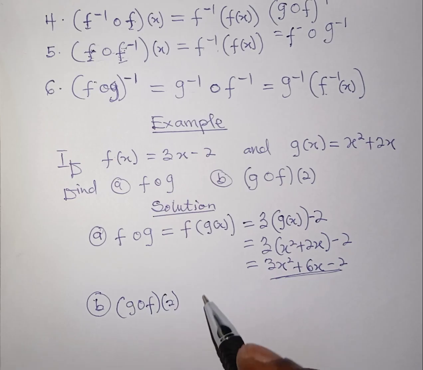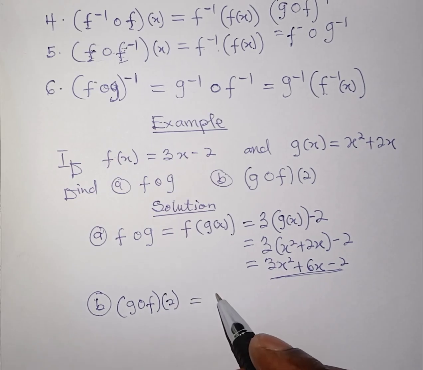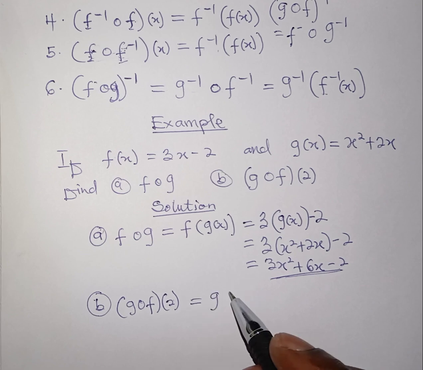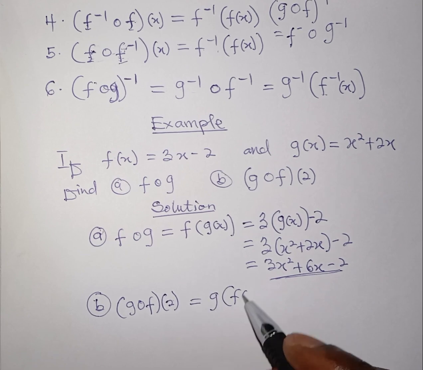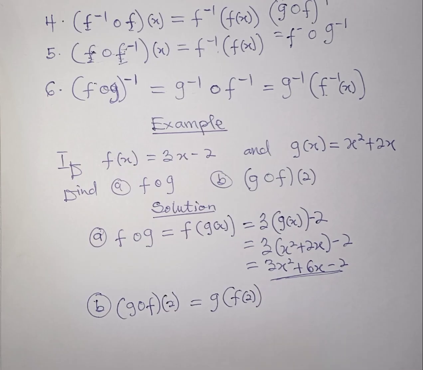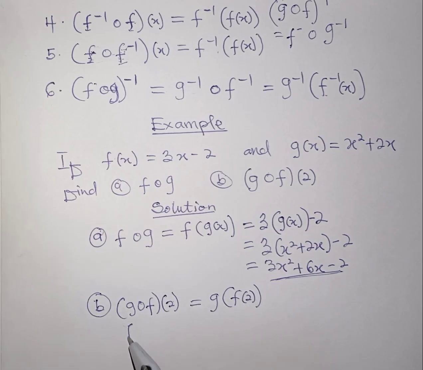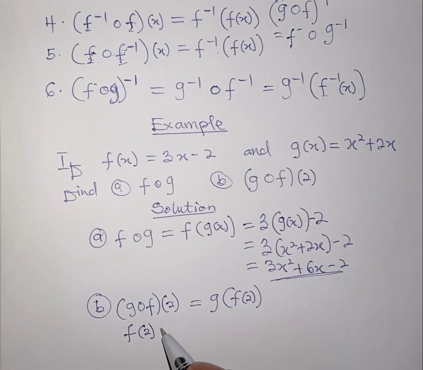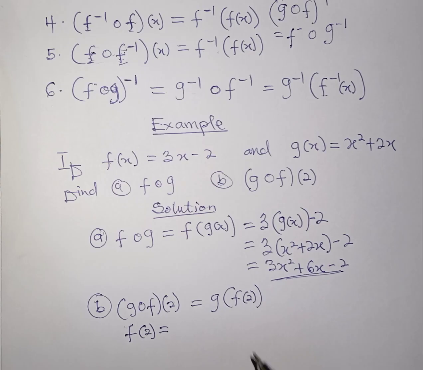So this is what it is going to be. I'm going to put f at 2 as the domain. So first of all, you need to find your f at 2. You need to find that value. Then the answer you get, you just substitute. That is how we do it.